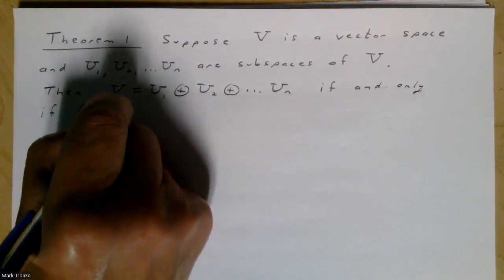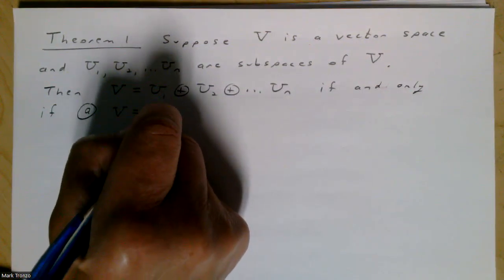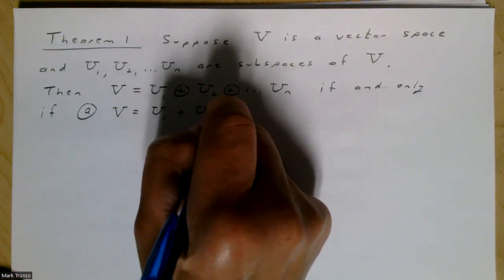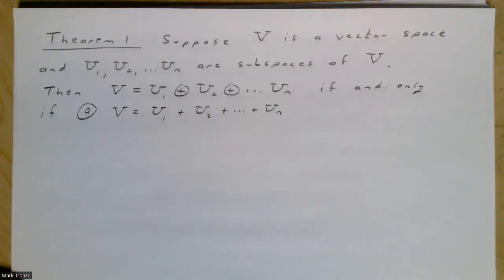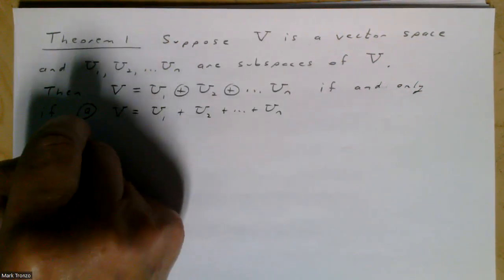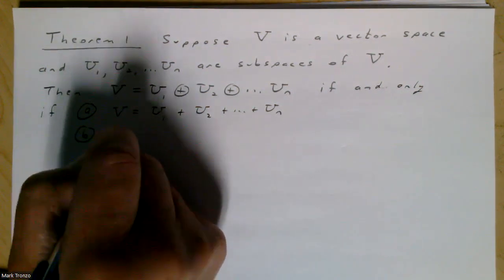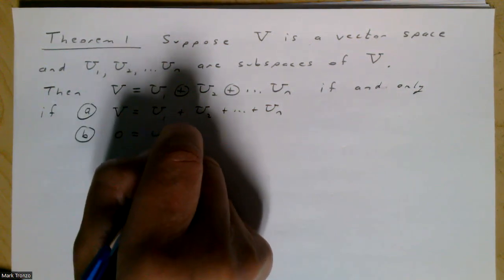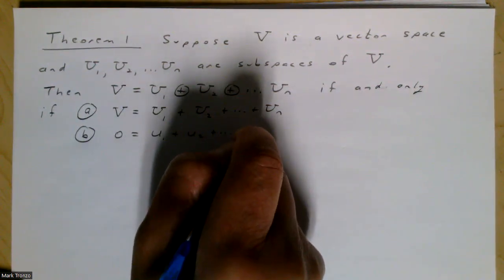A, V is equal to U1 plus U2 plus UN. We need that condition. And B, zero equals u1 plus u2 plus un.